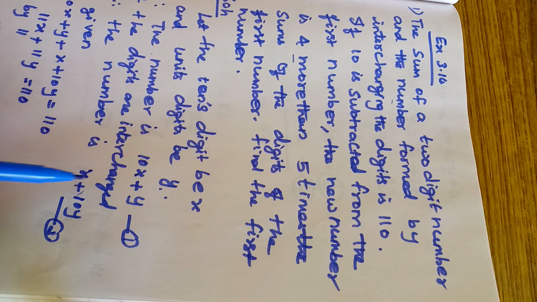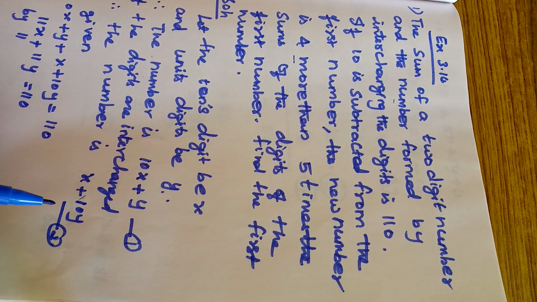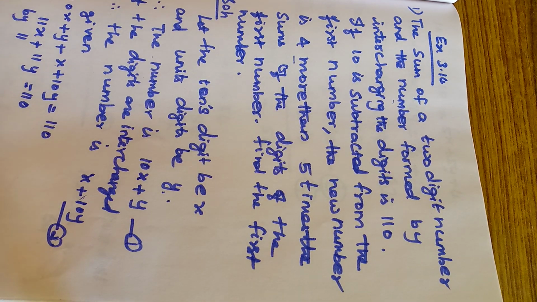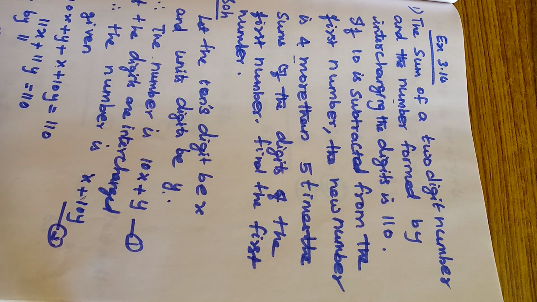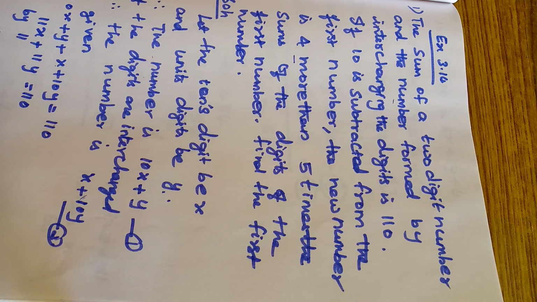After interchanging, x becomes y and y becomes x, so the number changes into x plus 10y. After that, by the given second condition, first we have to subtract 10, and then the number becomes 4 more than 5 times the sum of the digits of the first number.